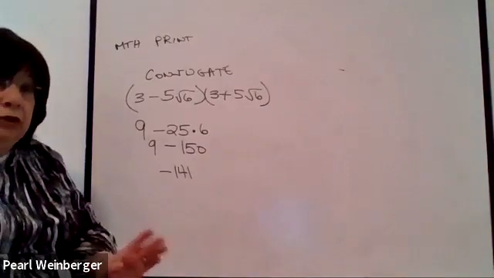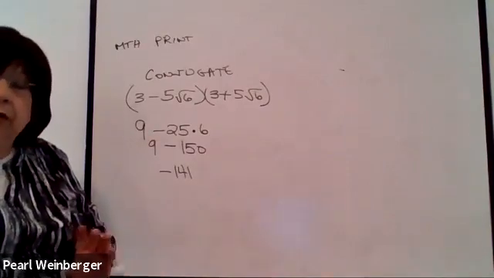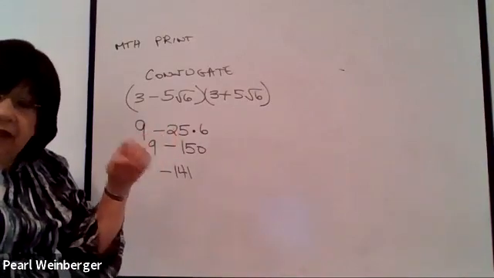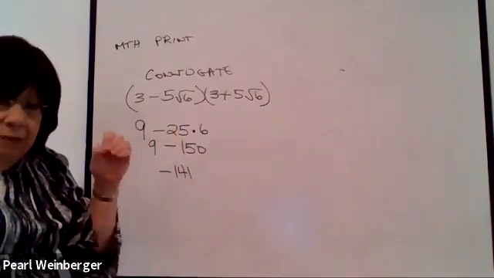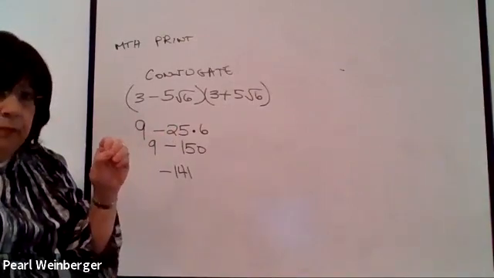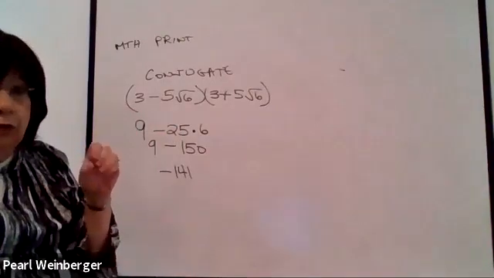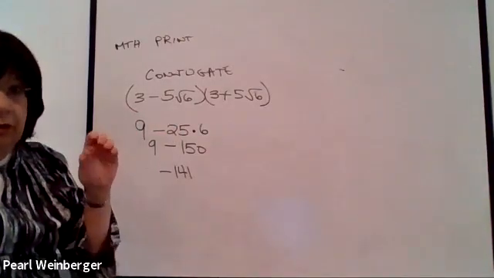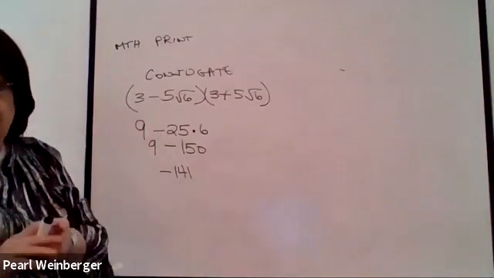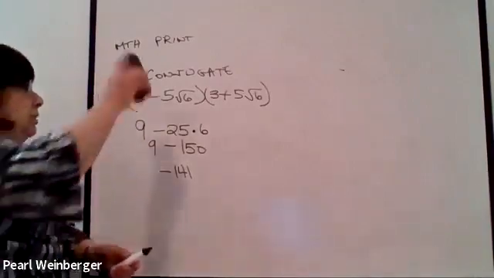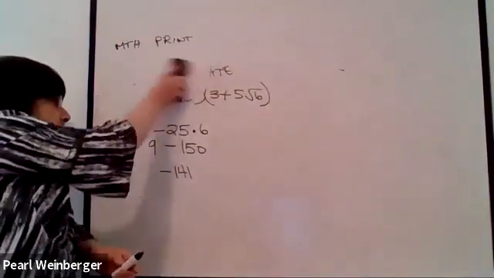I'm going to do it in 2 steps, where the first step will be when my denominator, what I'm dividing by, is a single term. And then I'm going to talk about what happens when we try to divide by a binomial, because that's a different set of steps. Okay, so let's take an example like this.